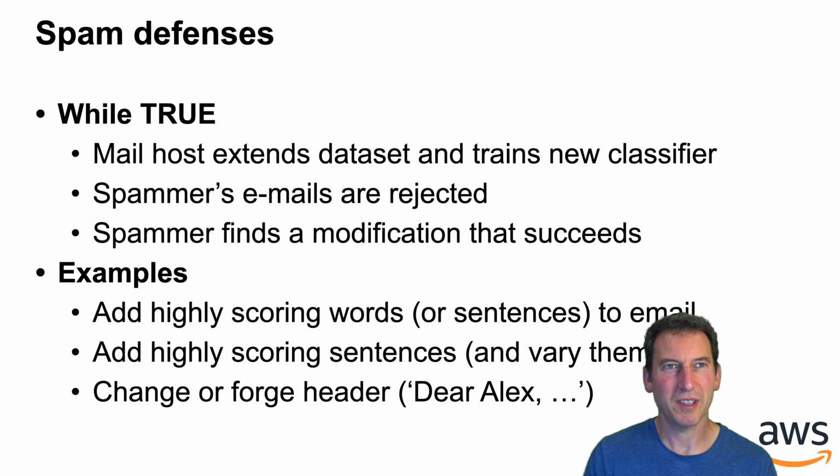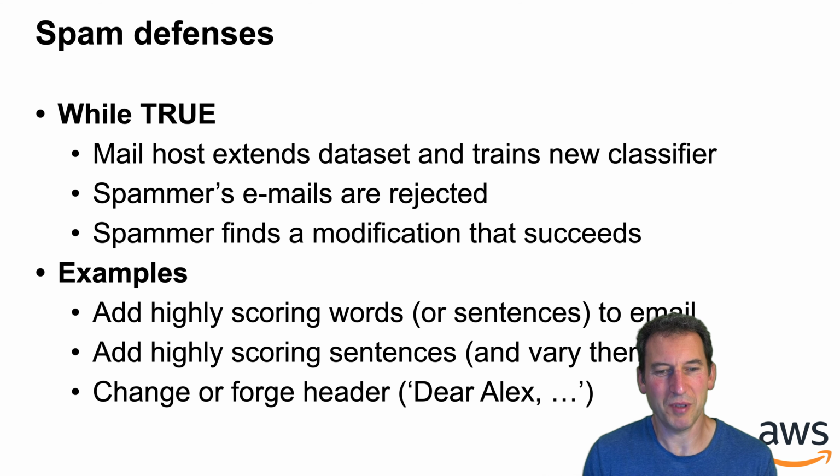One of the original adversarial examples would be spam filtering, because the mail host extends the data set, trains a new classifier, and the spammer's emails no longer make it. Then spammers go and modify things, and some emails go through. And then the mail host again improves their classifier, and you keep on doing this.